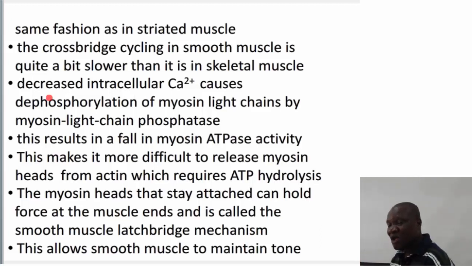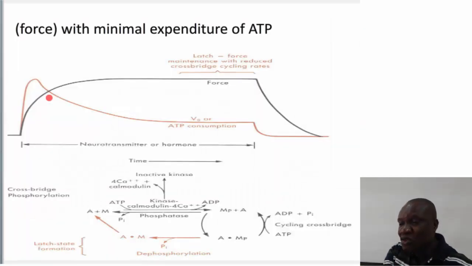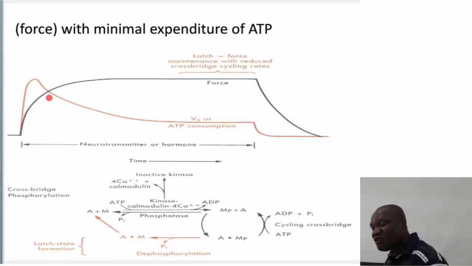Now, because it stays attached to the actin filament, there's still tension developed. And this mechanism is called the latch bridge mechanism. Now, this tension allows smooth muscle to maintain tone with a minimum expenditure of energy.